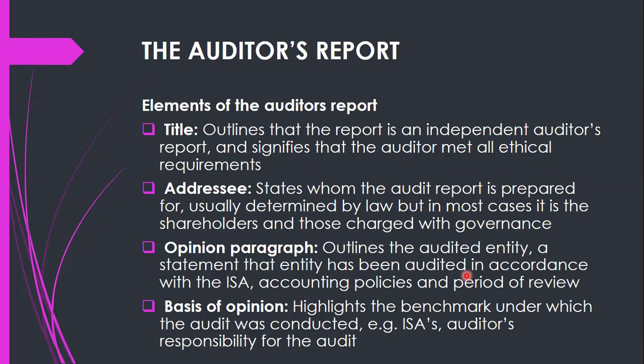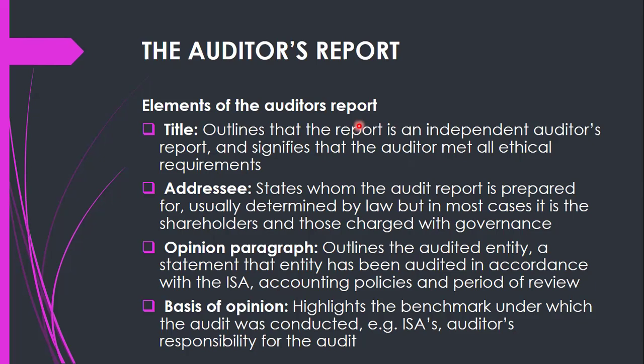So now let's look at the auditor's report, the elements of the audit report. Sometimes you can be asked, can you explain any 6 elements of the auditor's report, right? So you need to have knowledge of any of these.